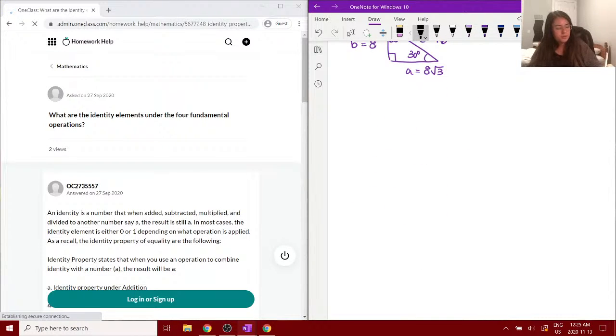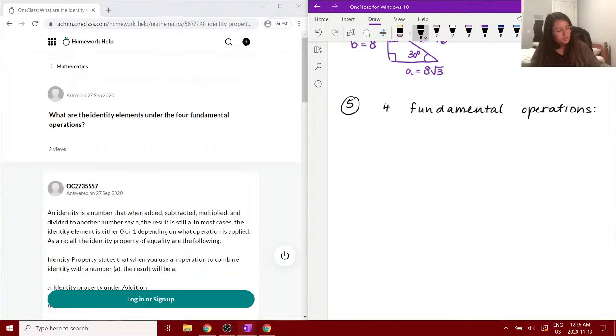Okay, question number 5. So this question is asking, what are the identity elements under the 4 fundamental operations? Okay, lots of confusing terms. So first of all, let's state what the 4 fundamental operations are.